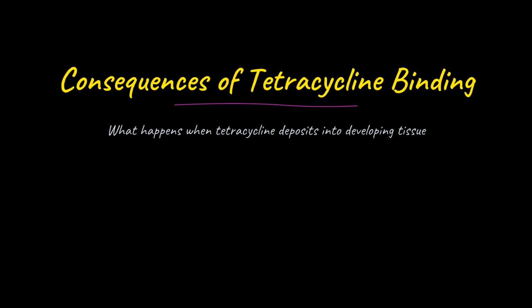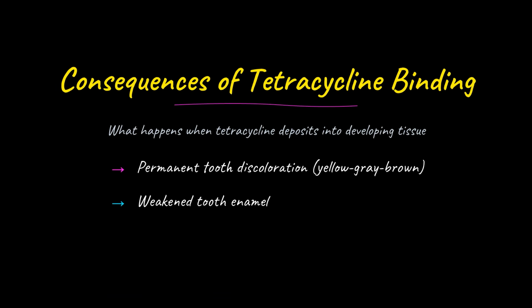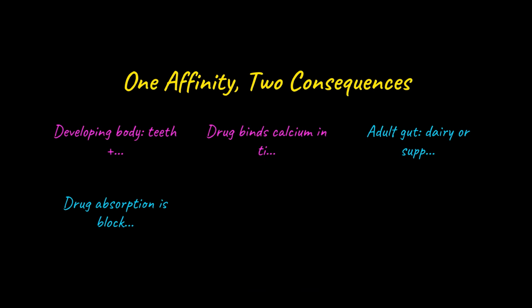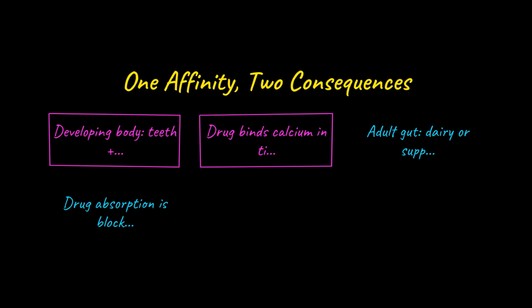Three permanent consequences can follow: tooth discoloration, weakened enamel, and slowed bone growth. These harms occur only where new tissue is actively forming, which is why the danger zones are fetal development and early childhood. The same calcium affinity drives two distinct problems. In a developing body, the binding deposits drug into tissue, a teratogenic harm.